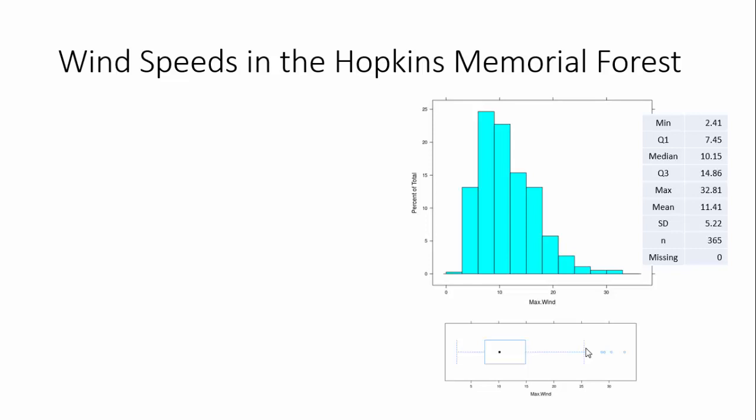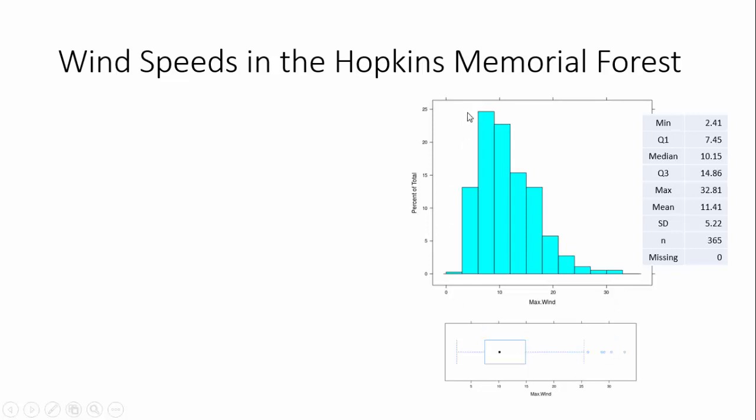And you can see that there weren't many days that were very calm, right? This is where 0 was the calmest, and there were quite a few days that were up in the 30 miles per hour range, right, the high 20s or low 30s.